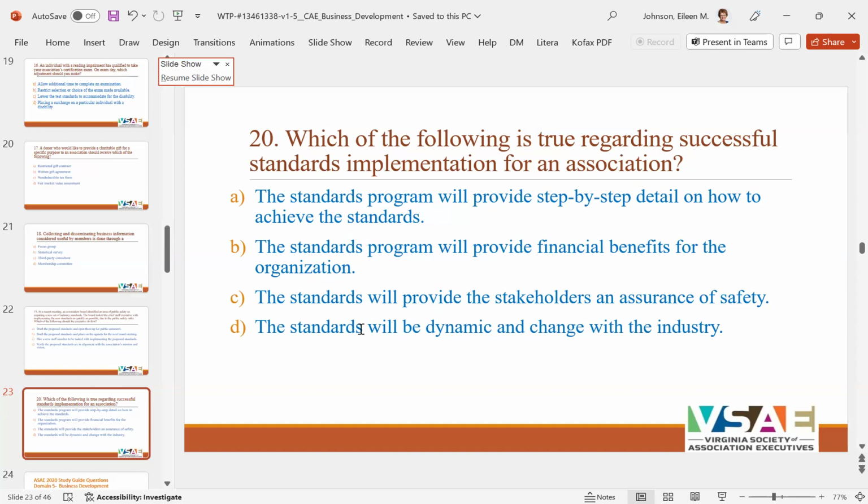Well, if we're talking about implementing, I would eliminate D. That doesn't have to do with the implementation. I could see how A would be beneficial.